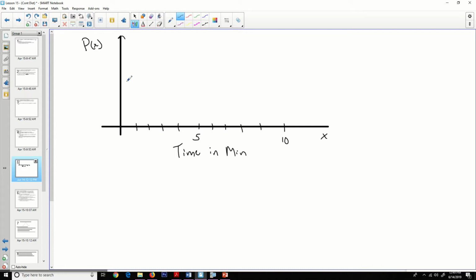And we know that for any probability distribution, the sum of the probability has to be 1. So if I need to know how tall this is, because it's going to be a rectangle, we can just find the area.